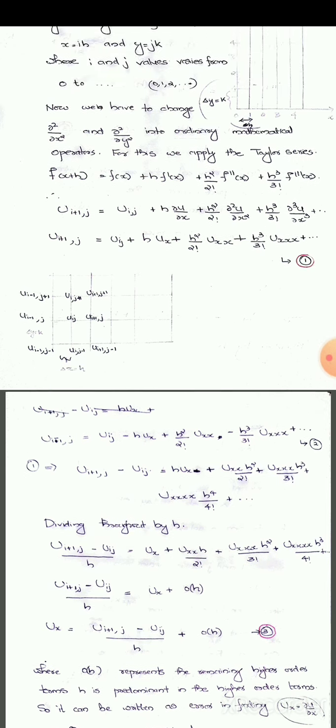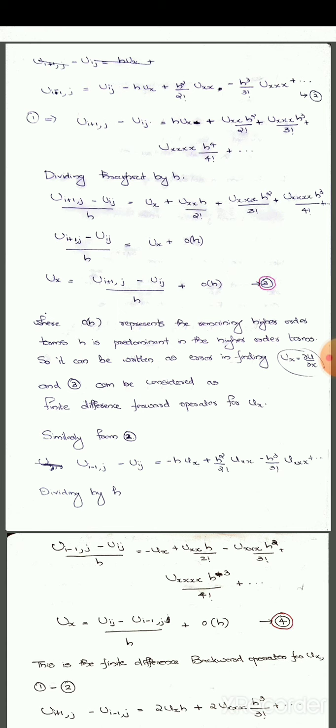which is the finite difference approximation of ux in terms of (u(i+1, j) - u(i, j))/h plus other higher order terms of h. OH means other higher order terms of h. In equation number 3, we can see that it is in the form of a forward difference approximation, because we studied forward difference in interpolation.